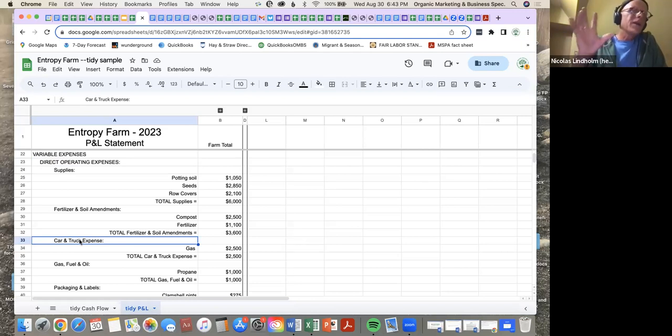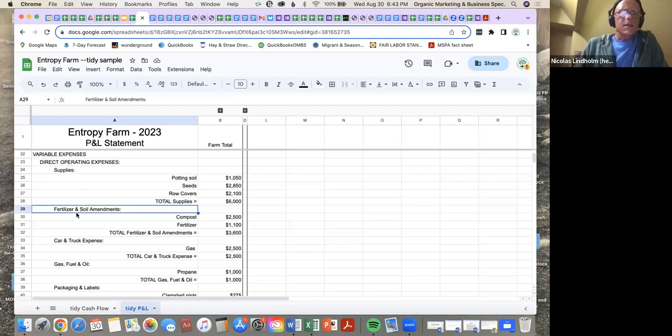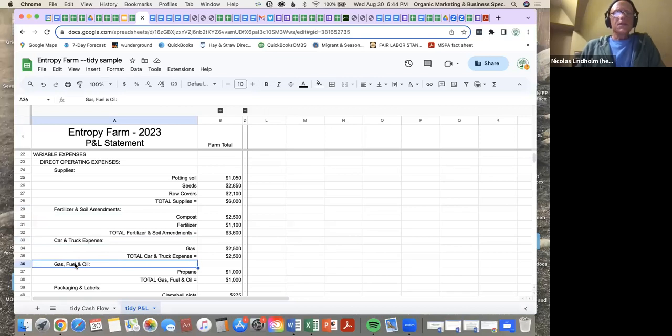These are also where you might start touching base with the IRS a little bit. These are all categories from Schedule F, or if you're an LLC or, like me, an S corporation, you have different IRS forms to report your taxes. But supplies, fertilizer, soil amendments, car and truck, gas, fuel, and oil, these are all generally recognized farm expense categories that are variable expenses.